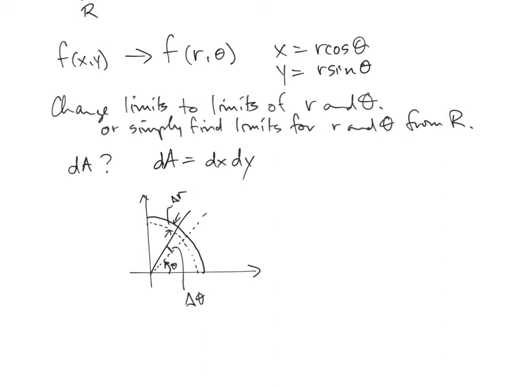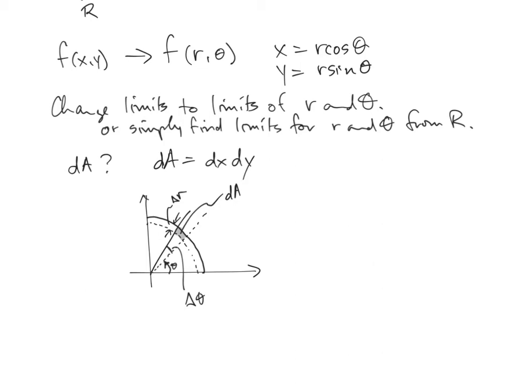And that gives me a little patch of my region, right? It's this patch right here. It's a little rectangular patch. That is my dA, the small incremental area of a little patch in my region of integration. What are the dimensions of that thing?